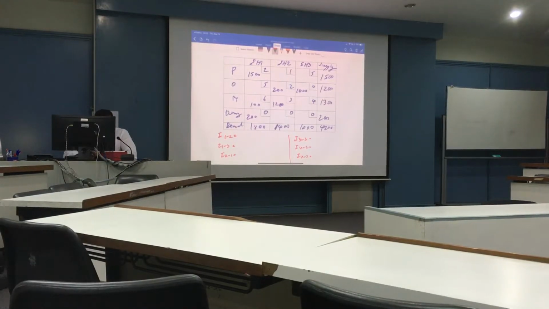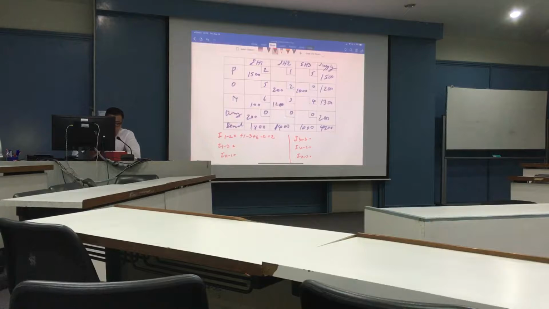For cell 1,2, you're going to have plus 1, minus 3, plus 6, minus 2, and 2.